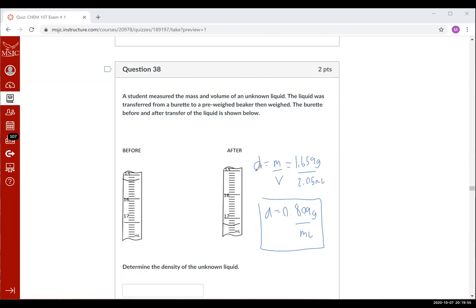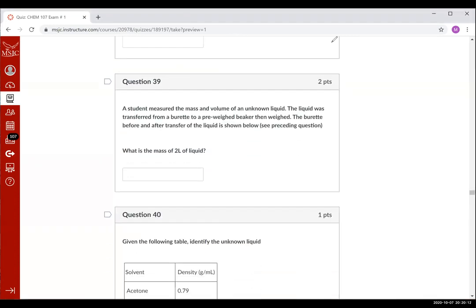Any questions on this example? Okay, if not, let's keep going now. Now that we've calculated our density to be 0.809 gram per mil, we're asked to calculate the mass of 2 liters of this liquid.